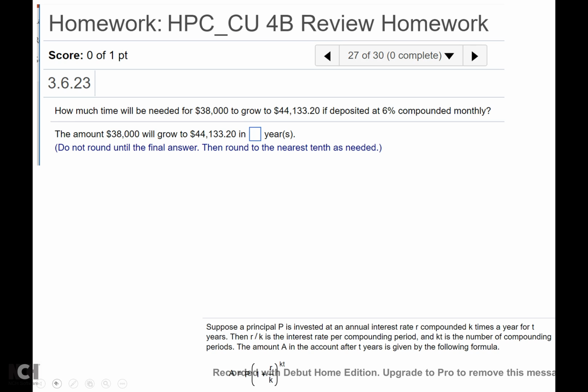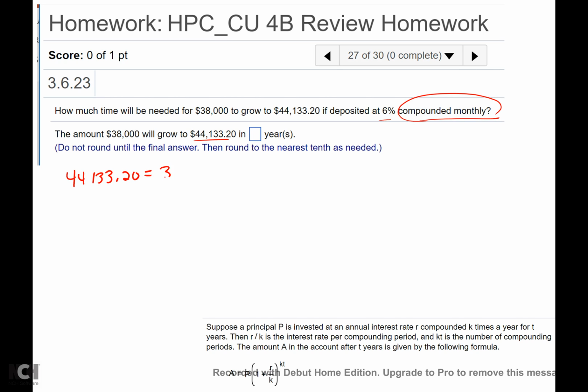Alright, how much time will be needed for 38,000 to grow to 44,000 if deposited at 6% compounded monthly? It's not continuous, so we need A equals P times (1 plus r over n). They want it to grow to my final amount, 44,133.20.